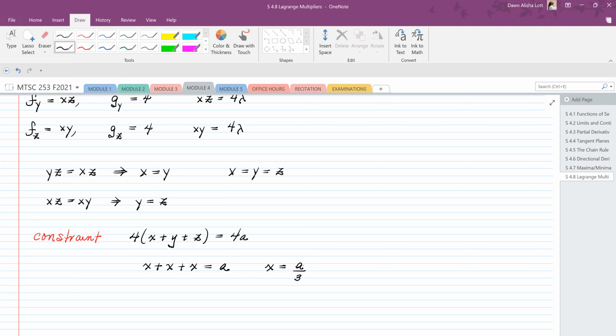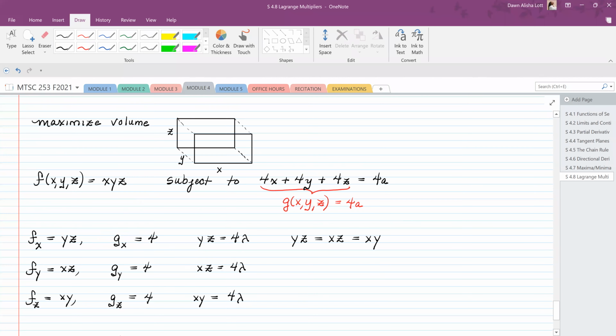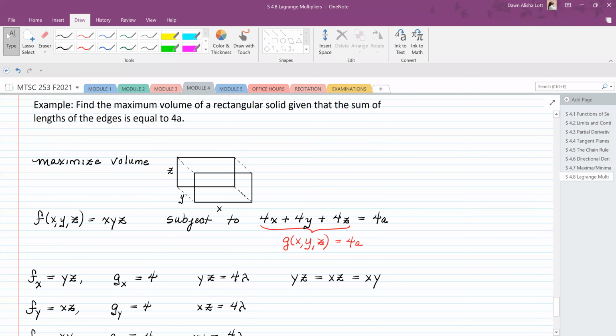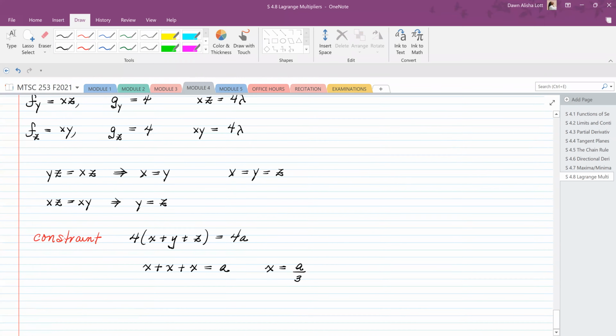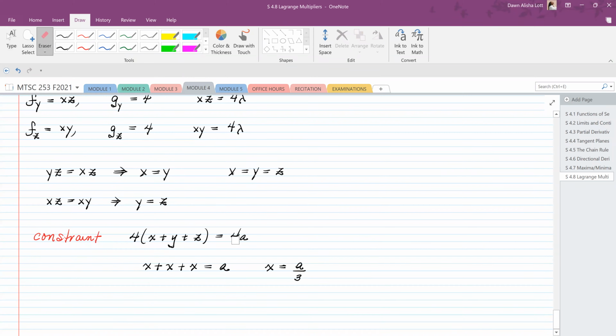I'm sorry. I wrote the problem wrong. I wrote the answer. This was supposed to be 12a, and then this is supposed to be 12a.